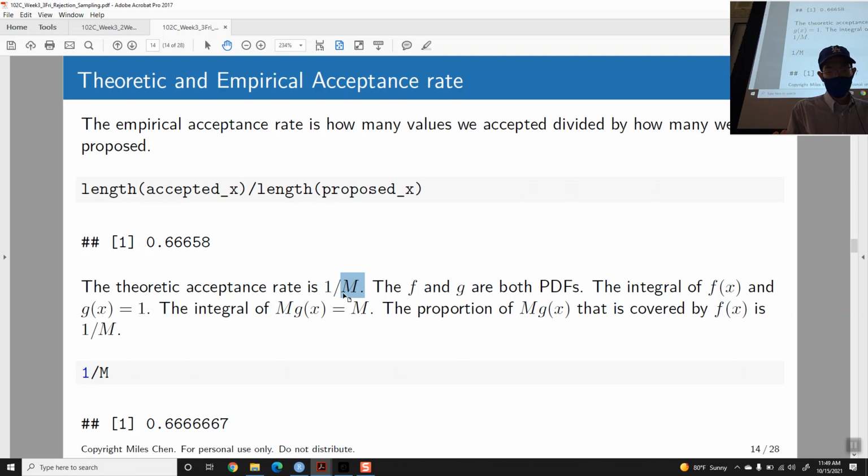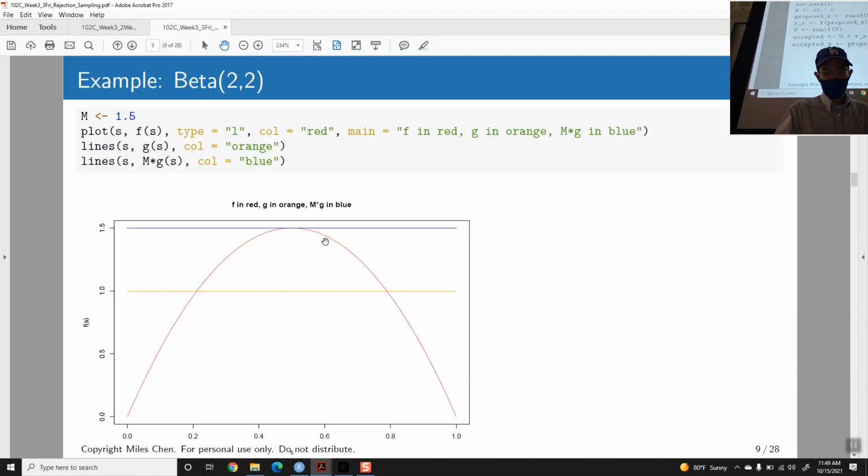The reason why it's 1 over m is because of the original distribution back here. The area under the red curve, it's a PDF, so it has an area of 1. The area of the orange curve, or in this case just the rectangle, also has an area of 1, right?